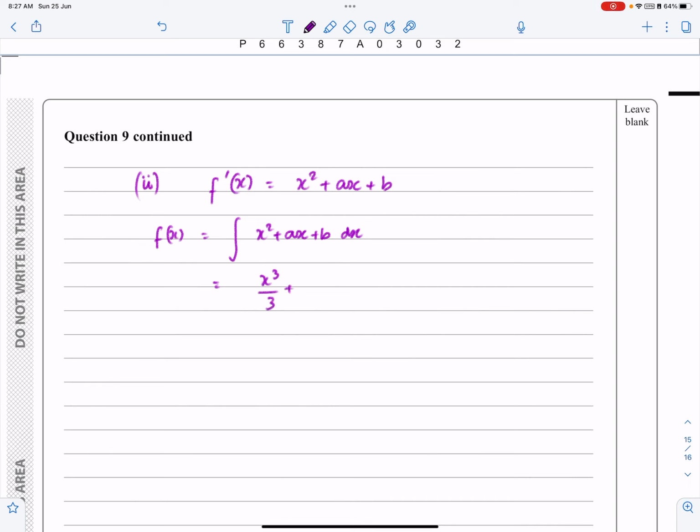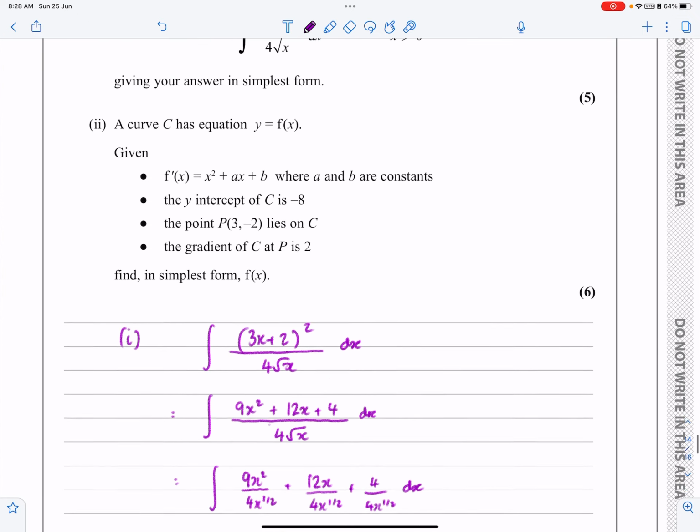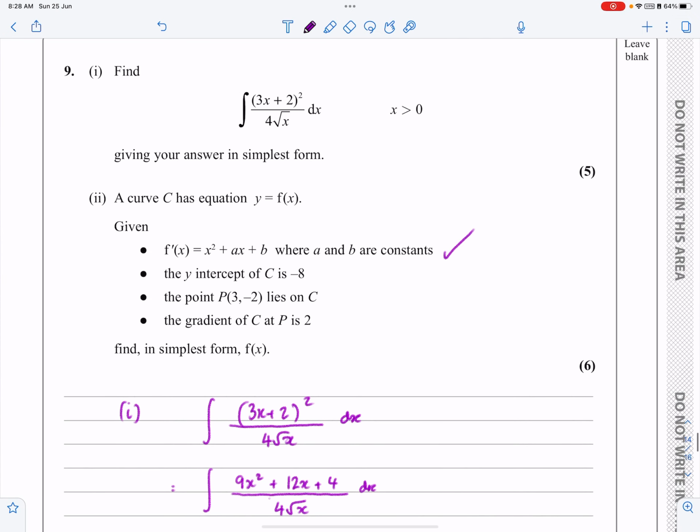And this is a lot easier than what we just did a second ago, isn't it? So add 1 onto the power, divide by the new power, put my bx, don't forget my constant there. So I've got f x.